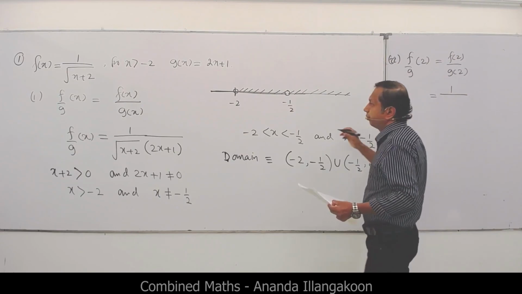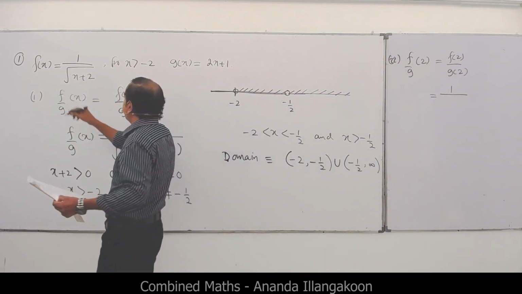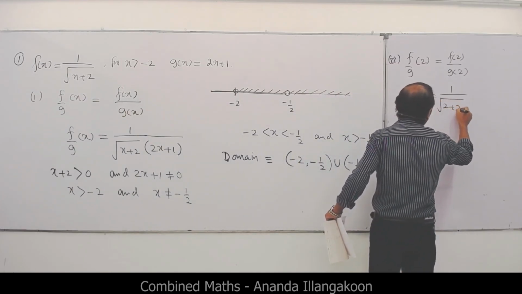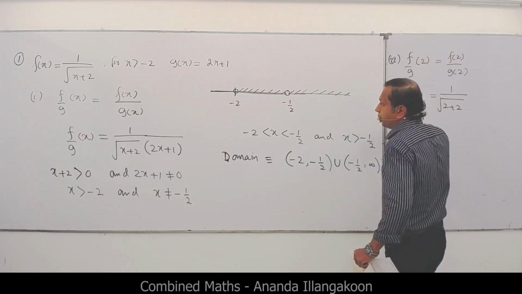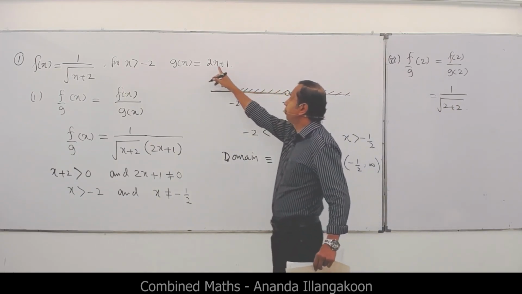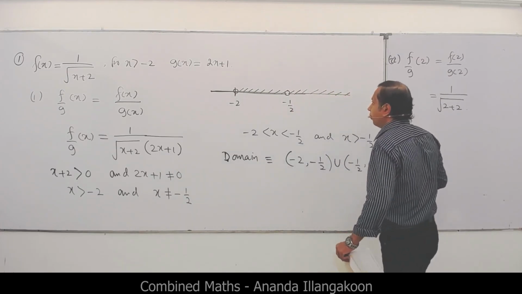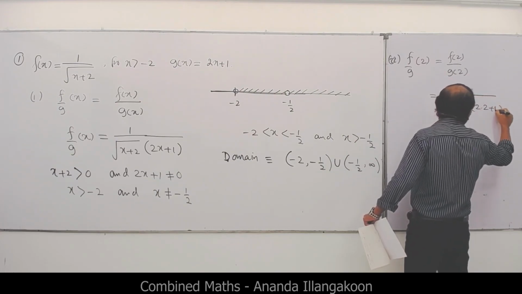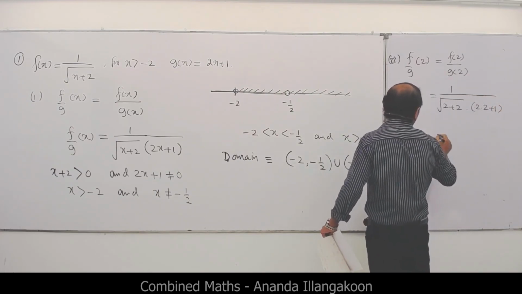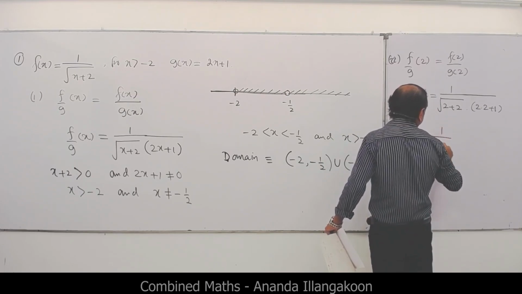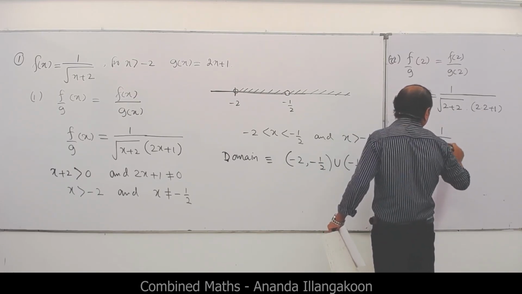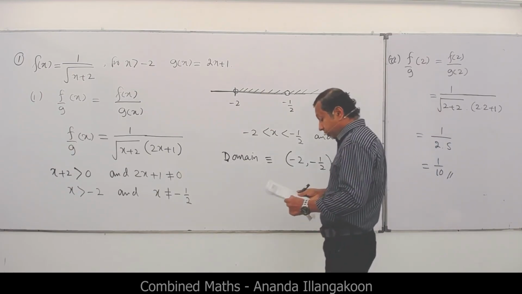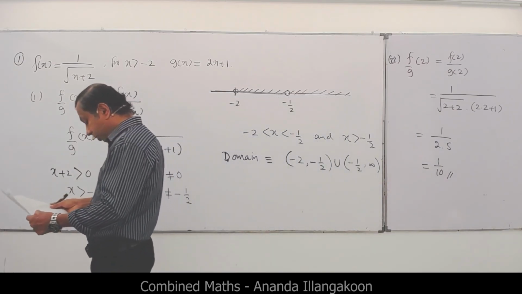For f(2) we substitute x as 2: 1 over square root of 2 + 2. For g(2) put here 2: 2 times 2 is 4, plus 1 is 5. Then we get square root of 4 is 2, here 5. Then we get 1 upon 10. 1 upon 10 is the answer.